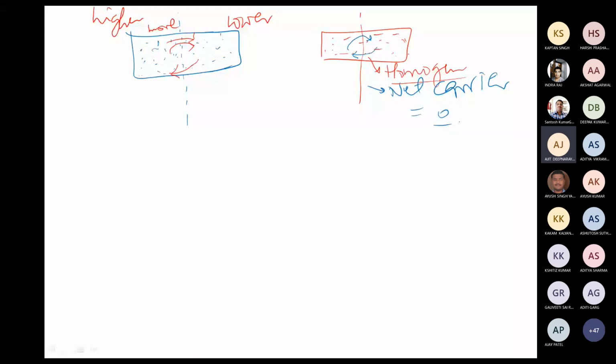From side 1 to side 2, more carriers are going to pass as compared to the carriers coming from side 2 to 1. So we see that there is a net carrier passing across this boundary. So it is not equal to 0.